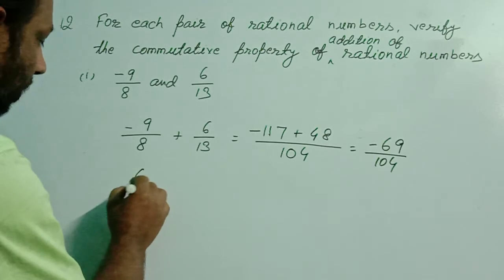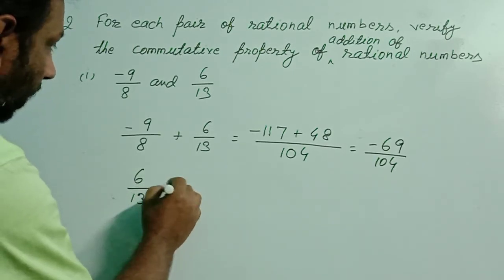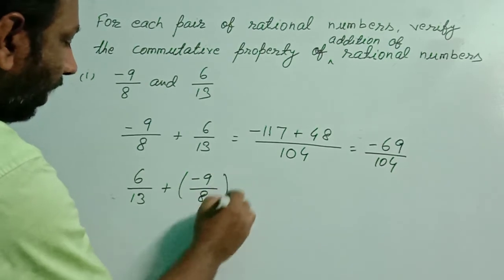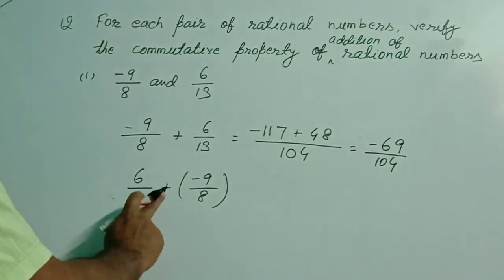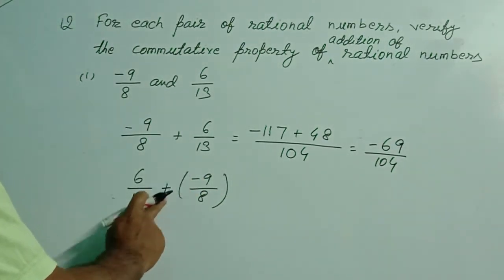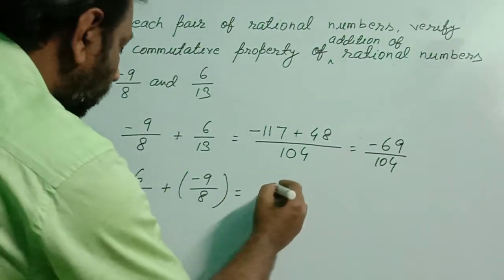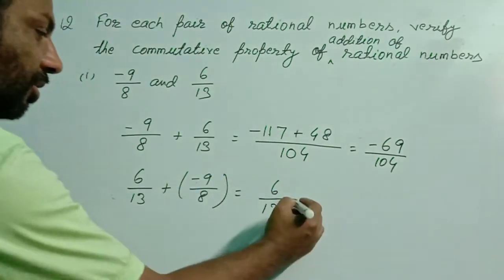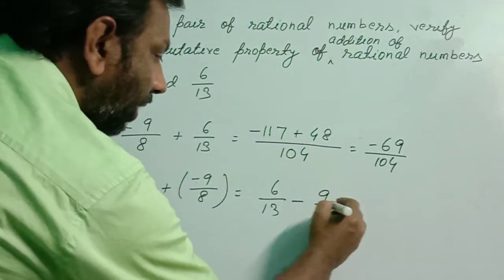Now 6 by 13 plus minus 9 by 8. We should enclose this inside the bracket because two signs should not be used together. Now, in other words, we say 6 by 13 plus minus 9 by 8.